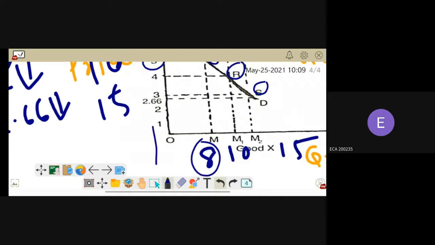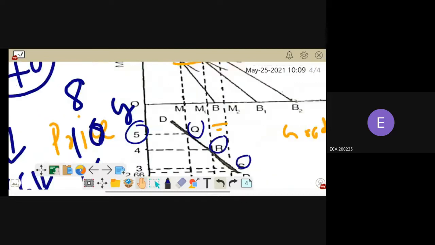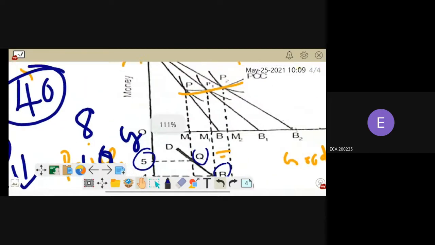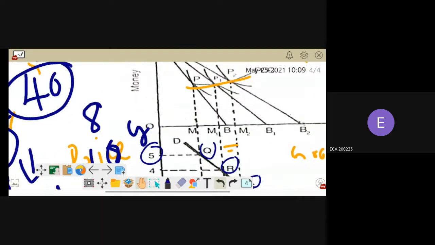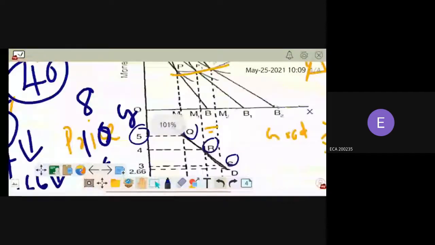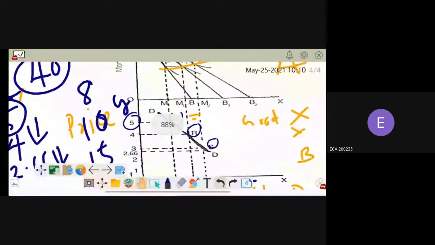So how do we reach this point? Because we simply extend a line from this PM line to the x-axis.